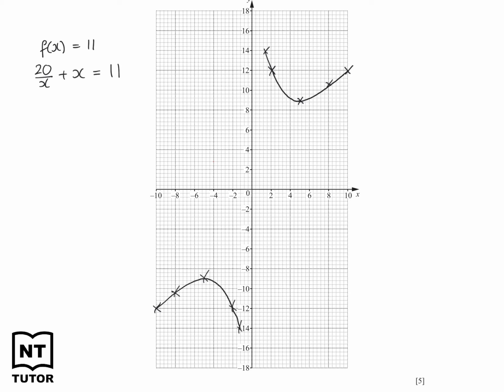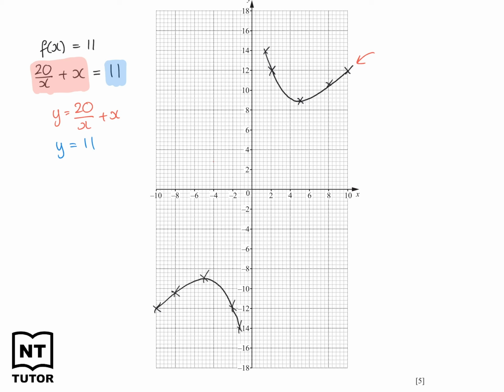When we want to solve something using a graph, we need to draw lines for this side of the equation and lines for this side of the equation. So for the left-hand side, we need to draw the line y equals 20 over x plus x, which we already drew right here. And for the right-hand side, we need to draw the line y equals 11.